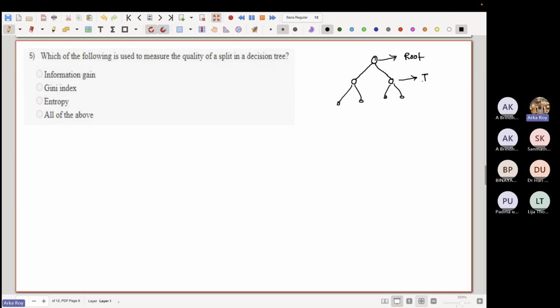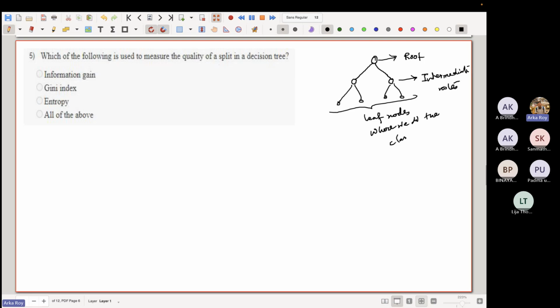These are the intermediate nodes, and these are called the leaf nodes where we do the classification.